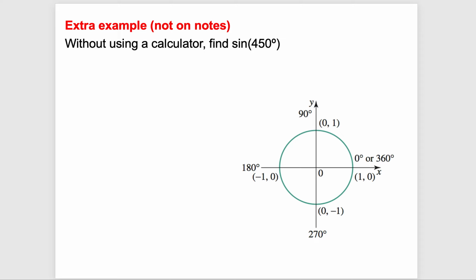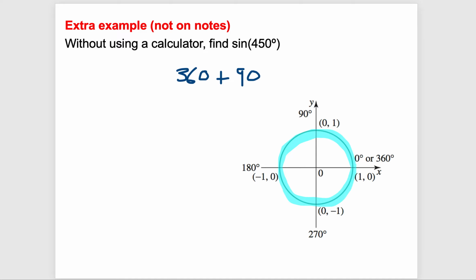All right, so 450 degrees. Let's think about this. 450 degrees would be like going one full lap, 360 degrees, and then continuing for an extra 90 degrees. You don't have to write this out, but I'm putting it there to show it. So what's really going to happen is we've started at 0, we've gone around a full lap, that's 360 degrees, and we're now going to go an extra 90 degrees.